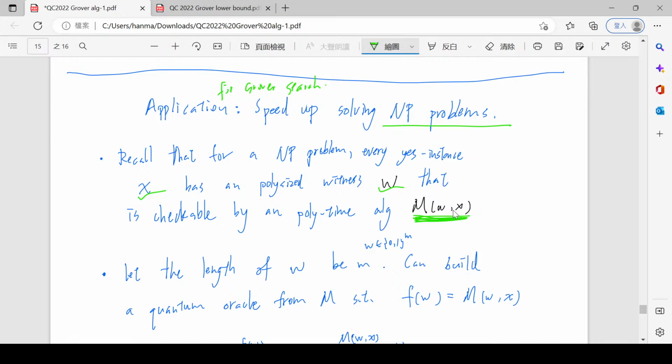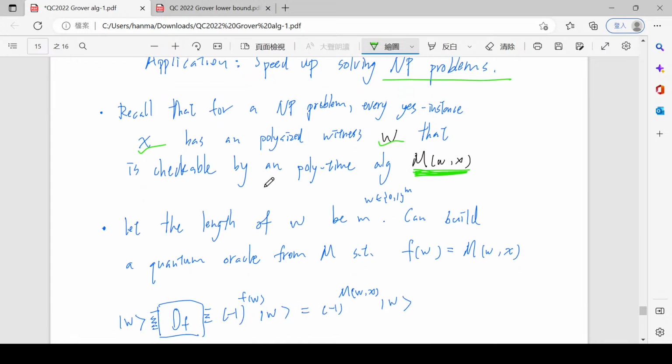So you can just check through all possible witnesses to see whether your instance is yes or no. And there will be some exponential number of things you check through.